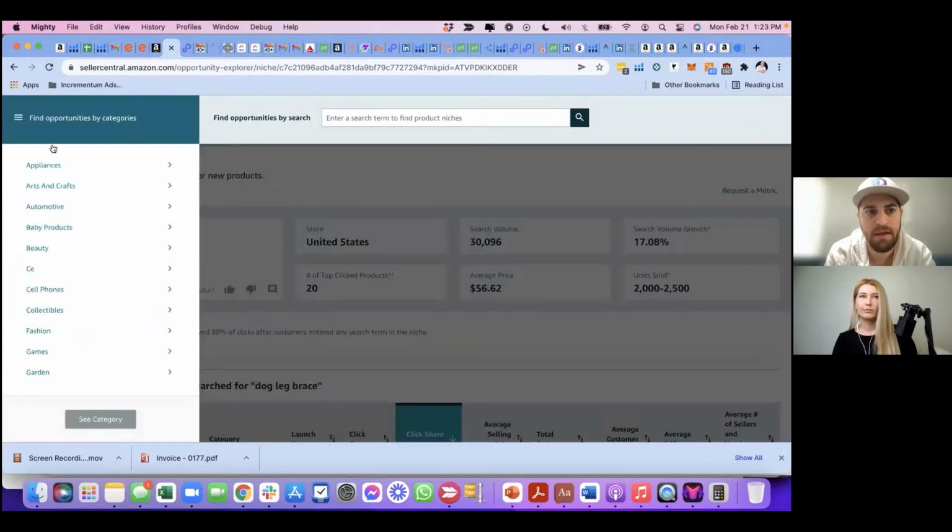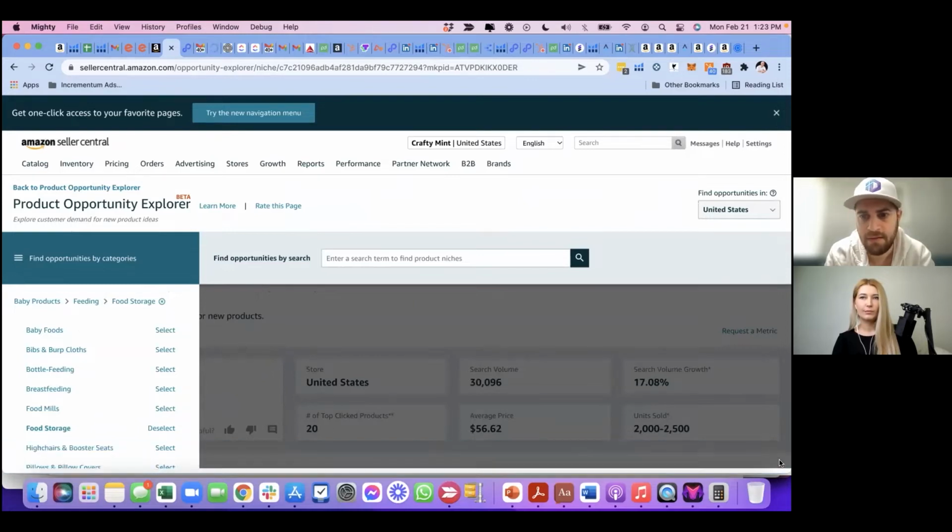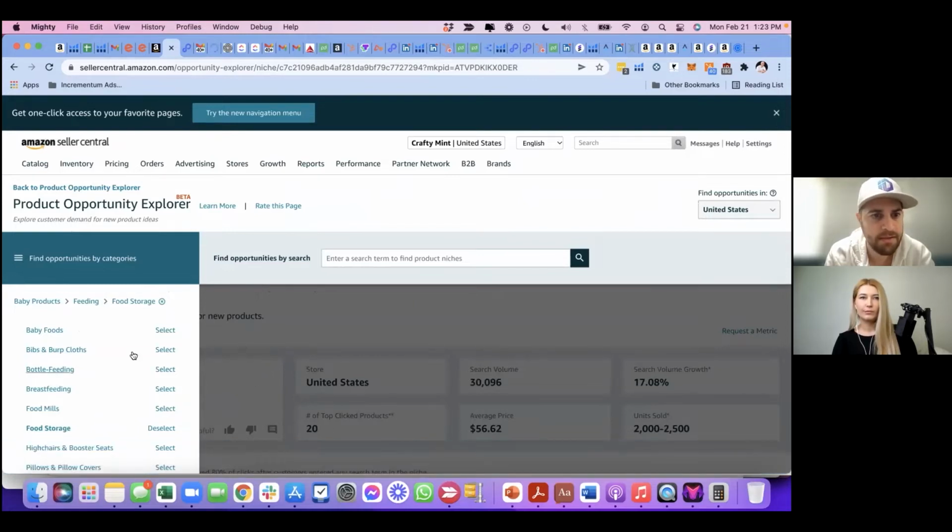Just going into the category niche. If I wanted to go into baby as an example, and feeding, I can then go into food storage, for example, and I can select... Oh, there's an issue here. Okay, I can select that category and see the opportunities.